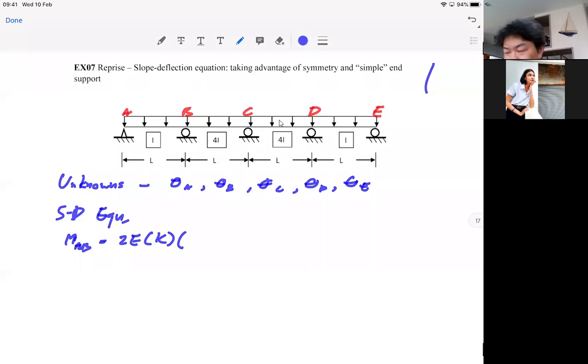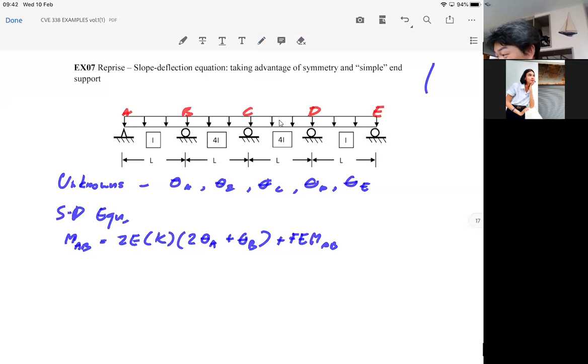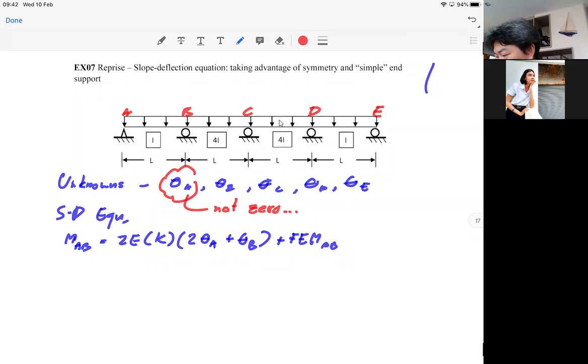And when you don't take advantage, you know you're going to have to include theta A. Now remember, I keep saying this and I'll keep saying it, hoping that this will get to you guys: theta A is not 0. Theta A is never 0. Not 0. Never.